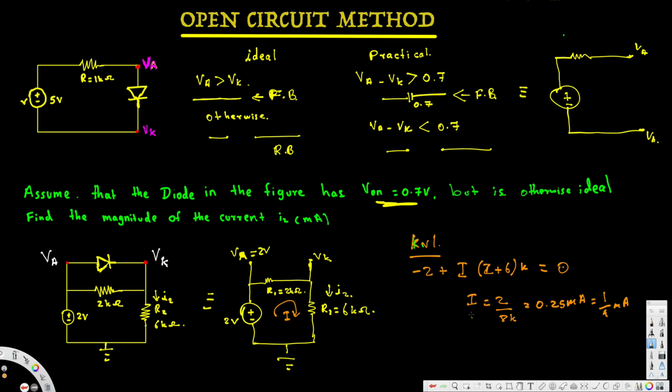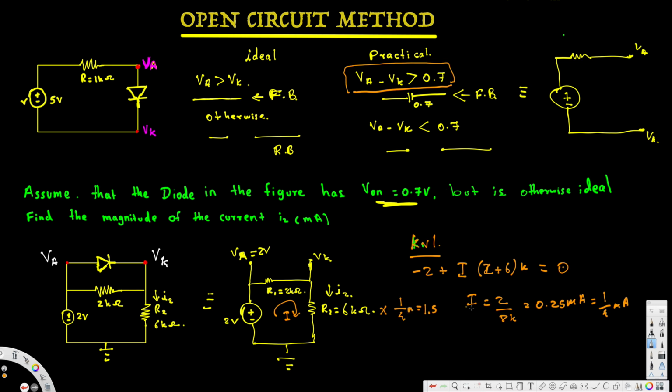So this is our current, 1 over 4 milliampere. Now our purpose is to find the voltage here, because we are going to see what VA minus VK is. We have to see whether the diode is in forward bias or reverse bias. If we find the voltage across the resistance, that's going to be VK. So we multiply this current, because V is equal to IR, current times the resistance, that's going to give us 3 over 2, 1.5.